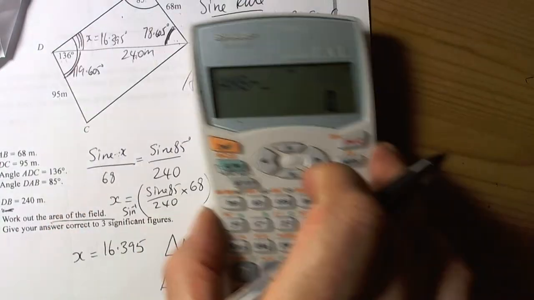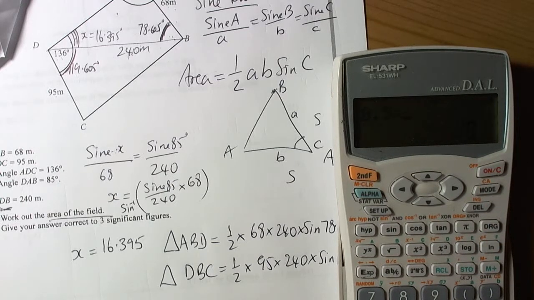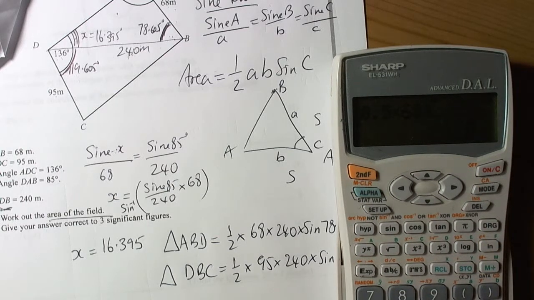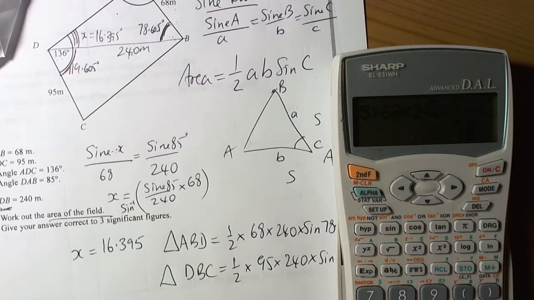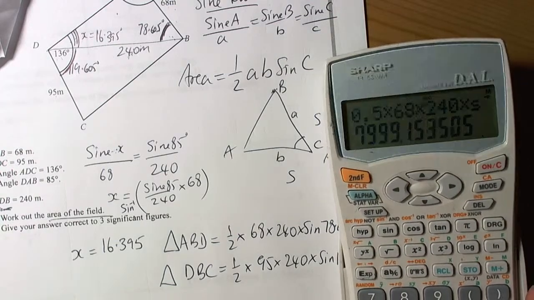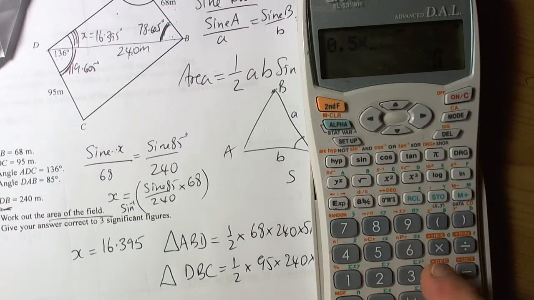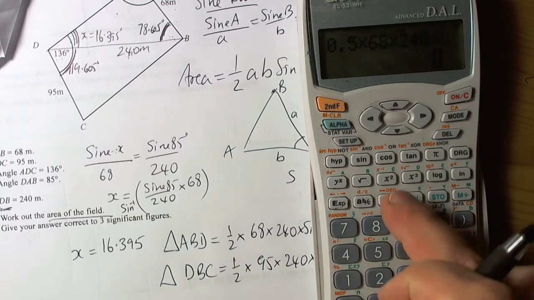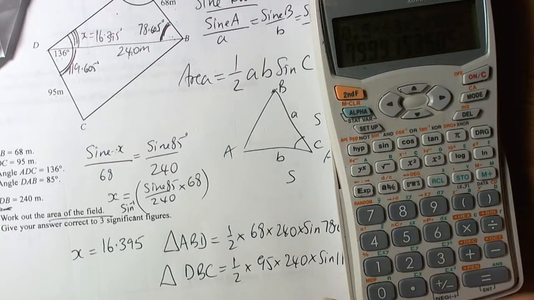So the usual thing, get the calculator. So we're going to be doing a half times 68 times 240 times the sine of 78.605 equals. So, whoops, I pressed that twice. So let's do that again. 0.5 times 68 times 240 times the sine of 78.605 equals.